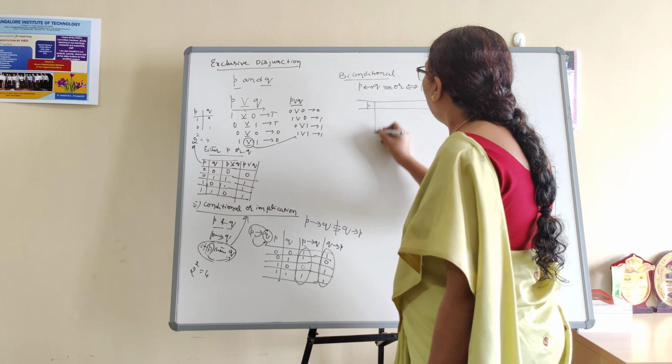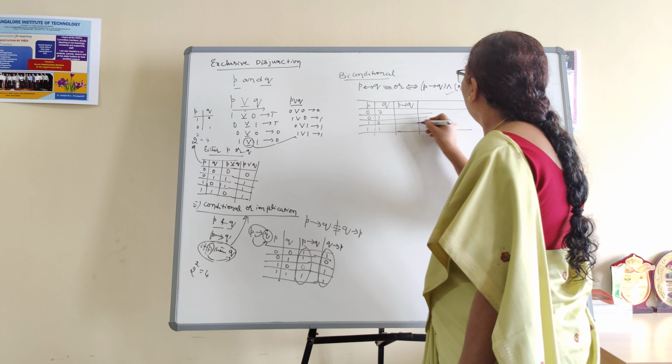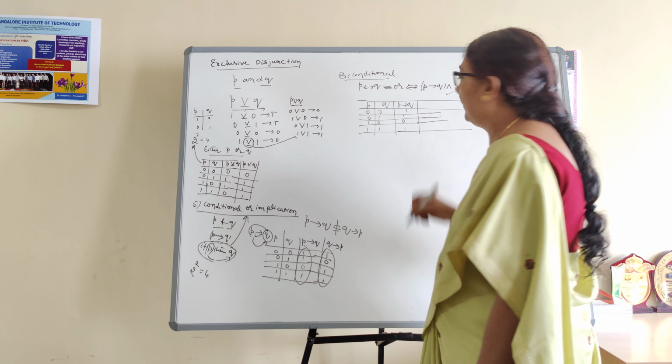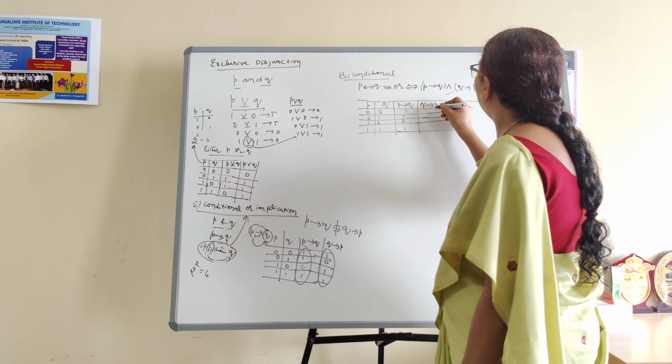P, Q: how many propositions? 2. Therefore how many rows? 4 rows: 0 0, 0 1, 1 0, 1 1. P conditional with Q is false when 1 to 0, which is 0. The rest of the values are 1. What is Q conditional with P?